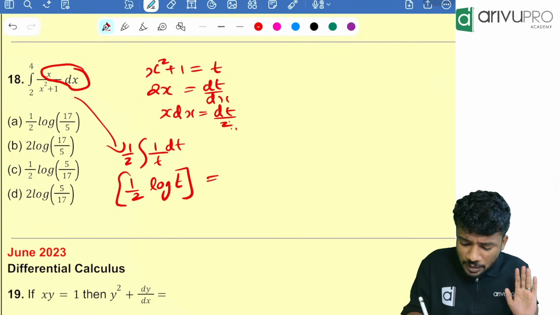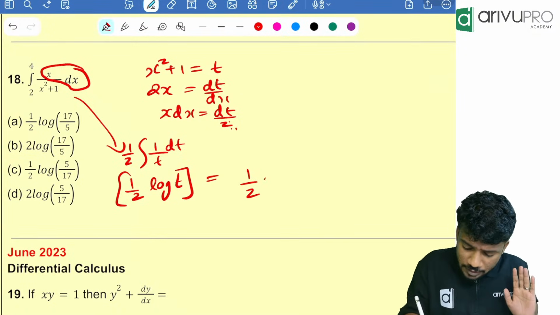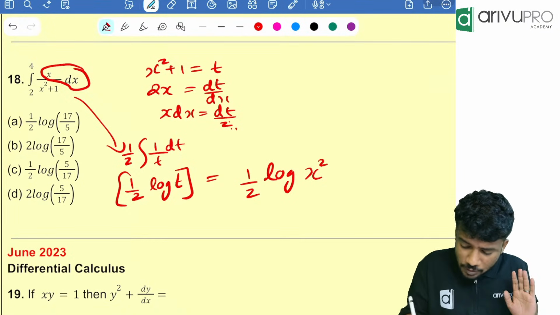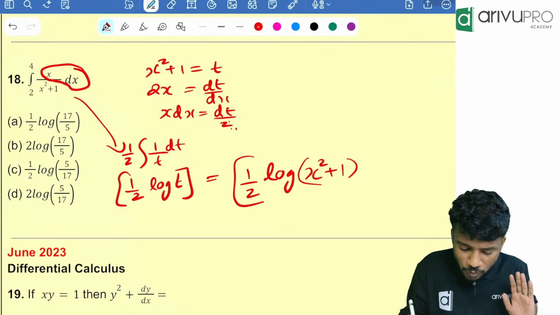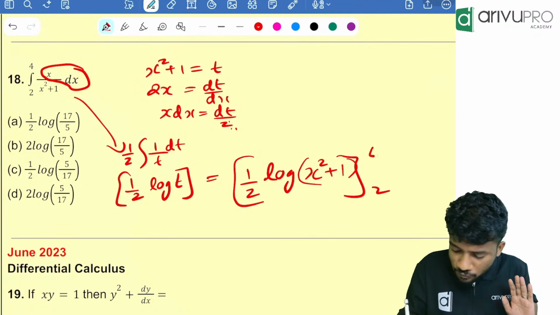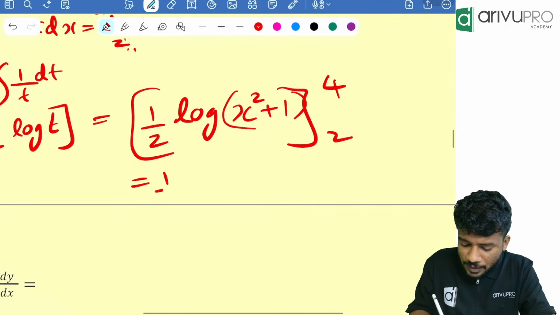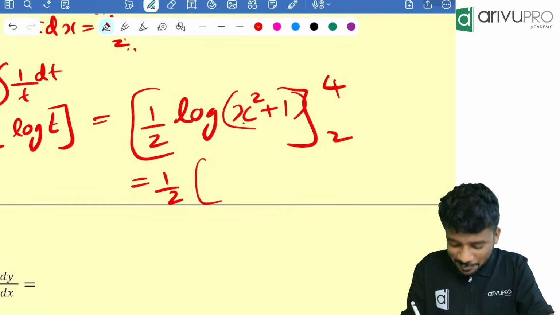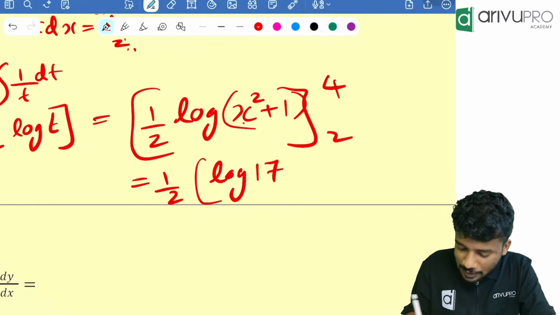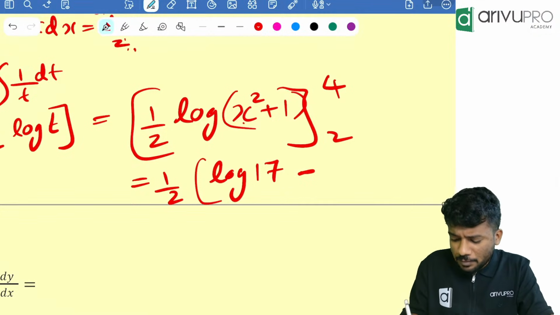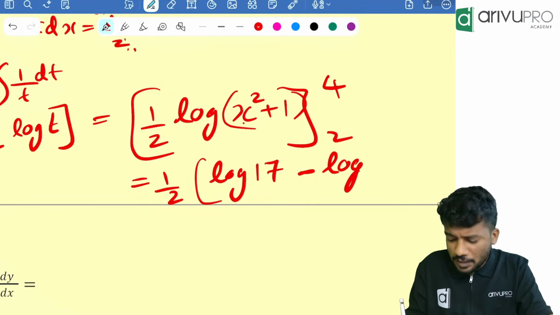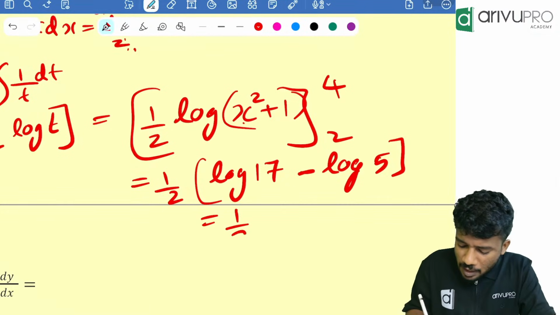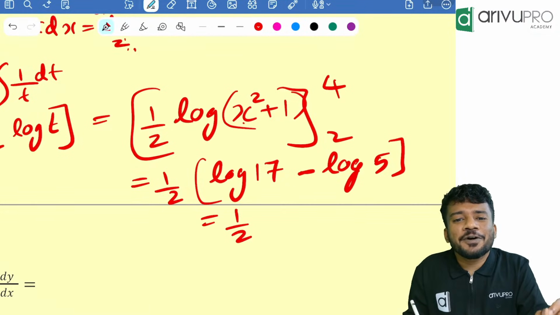So it will become half into, instead of t, you will put x square plus 1, from 2 to 4. Apply the upper limit. It will become half into 4 square plus 1, which is 16 plus 1, log 17, minus put 2. That means log of 2 square plus 1, which is 5. That is nothing but half of log of a minus log of b, what is it?